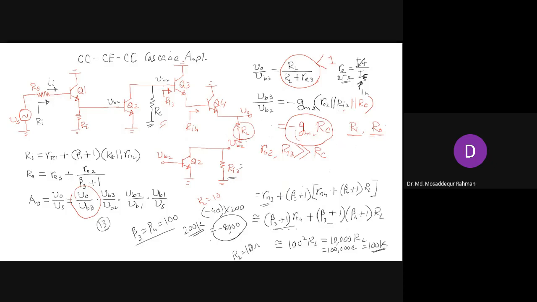You need to find the overall voltage gain and the overall current gain. We did this analysis for the other circuits, so just apply those techniques and determine the expressions for these different parameters. That will be practice for you, and preparation for your midterm that is coming up.